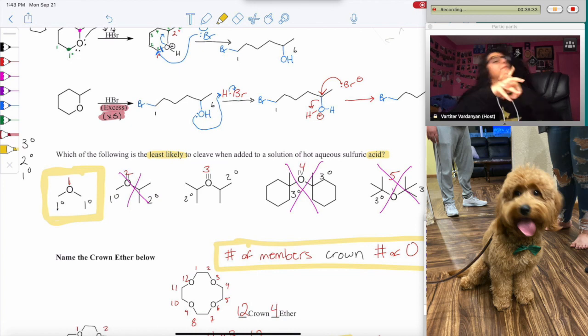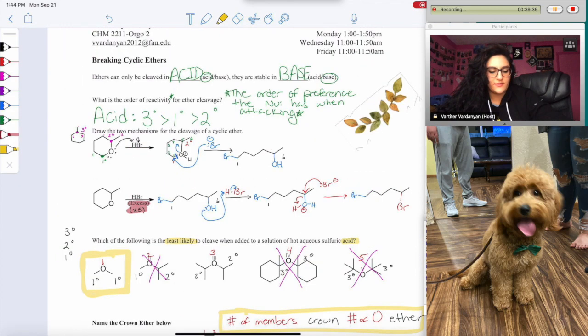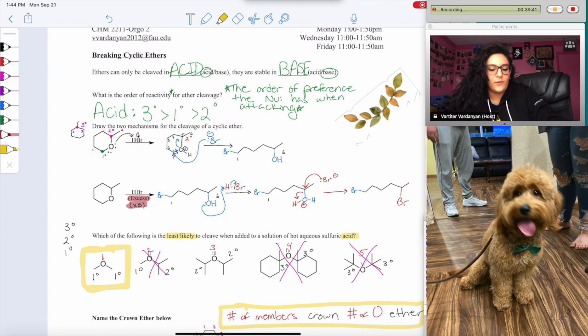Okay, so a couple people asked pretty much the same question. The reason why this is going to be a different order than the order of reactivity is actually because we're not talking about where the nucleophile will attack. We're actually just talking about which one will make the most stable intermediate. So when we break this, one side is going to be left alone as a carbocation.